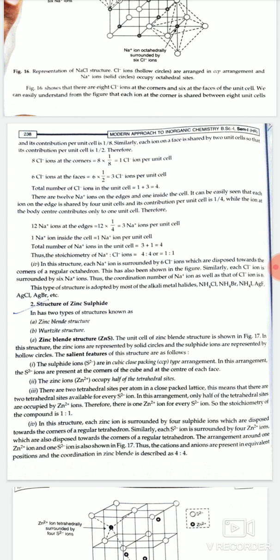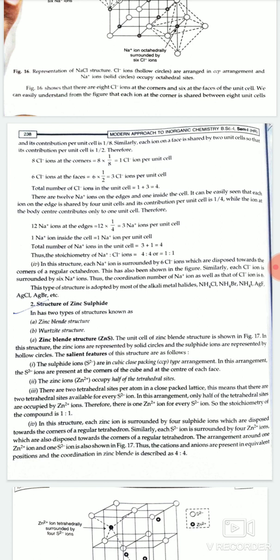Fourth, in this structure, each zinc ion is surrounded by 4 sulfide ions which are disposed towards the corners of a regular tetrahedron. Similarly, each S2- ion is surrounded by 4 Zn2+ ions, which are also disposed towards the corners of a regular tetrahedron. The arrangement around one Zn2+ ion and one S2- ion is also shown in the figure.